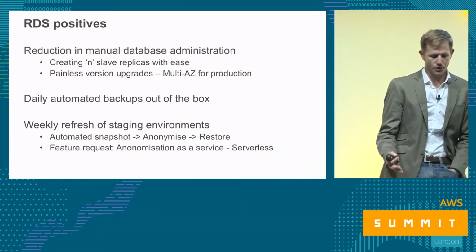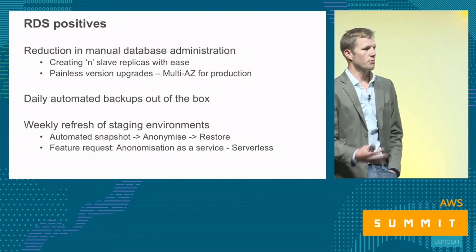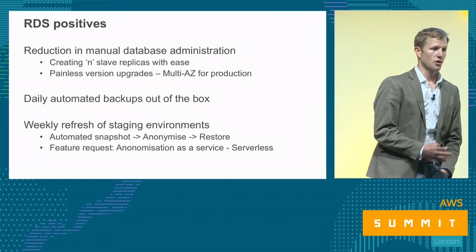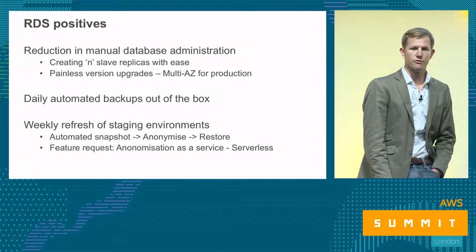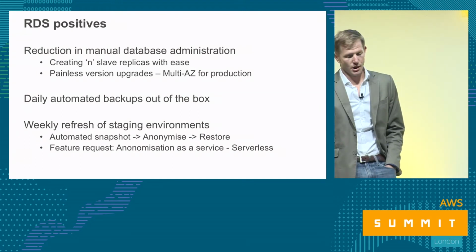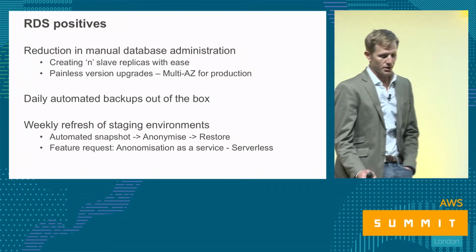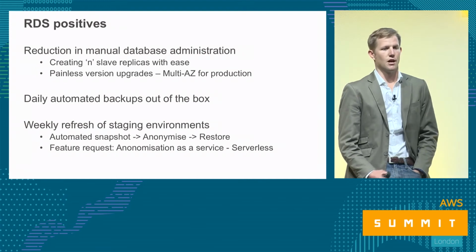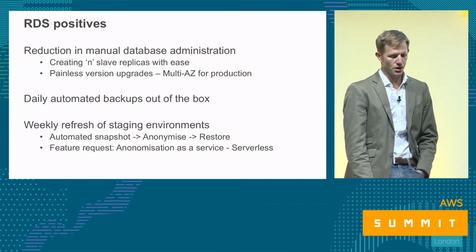So from moving to RDS, what it's really helped with is reducing some of the overhead of manual database administration. We're able to create slave replicas with ease, able to do version upgrades with ease, all within maintenance windows.